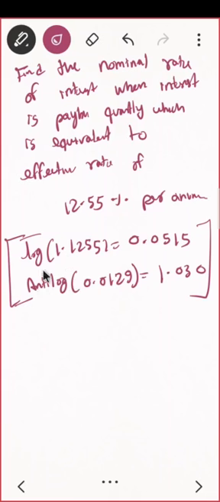So what do you see, what is given here? The effective rate is given, that is 12.55, correct? And I don't need anything else actually. So this effective rate is this much percent, so what will be the value of RE? What will be the value of RE?